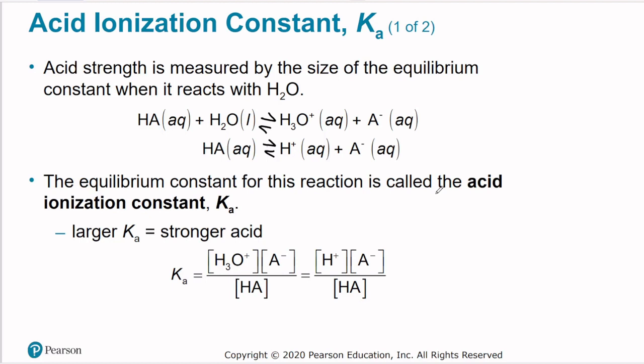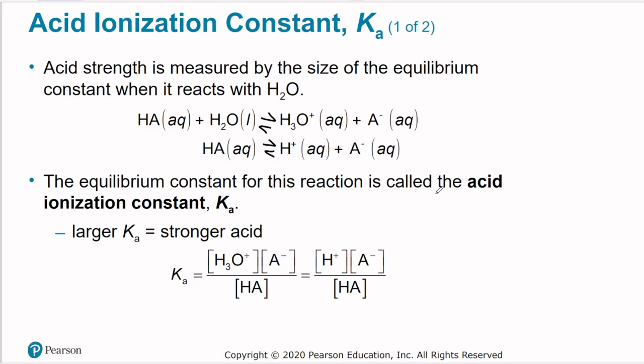Remember that? From the last chapter. Well, Ka means the K for our reaction if our reaction is an acid dissociation reaction. If our acid is dissociating in water, we can represent that with a Ka. We call that the ionization constant.